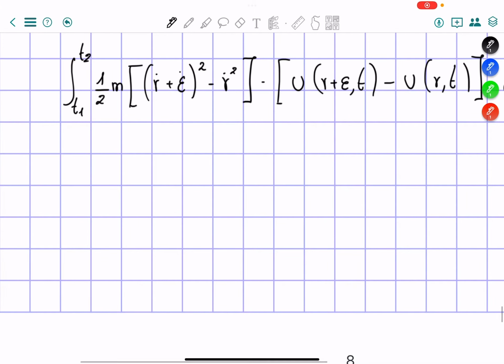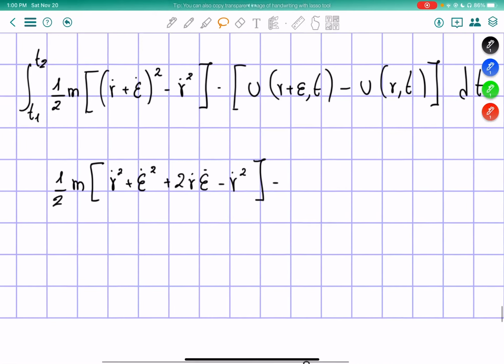So from the first one, I'm going to square, I'm going to keep the math very slow, I'm going to show every single part of the problem. The r dot squared plus epsilon dot squared plus 2 r dot epsilon dot minus r dot squared, minus, and then this part is going to be the same.